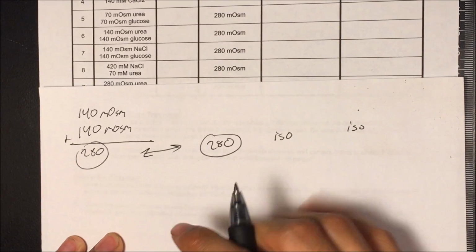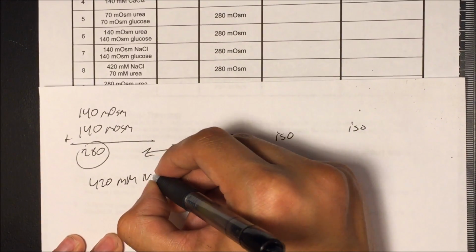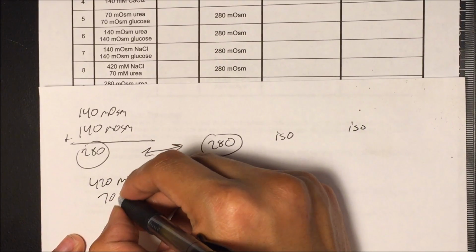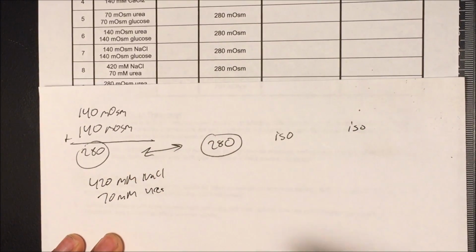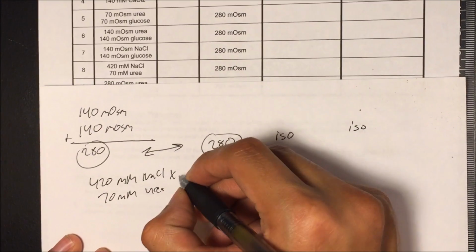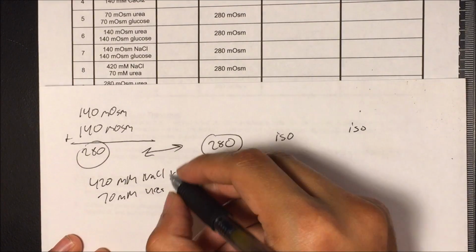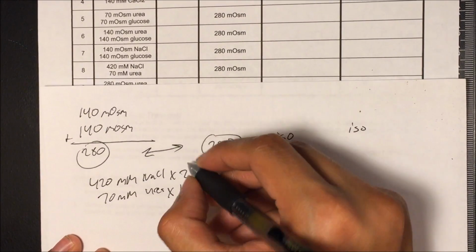Next example, we have 420 millimoles of NaCl and 70 millimoles of urea. Now, since this is not in the correct units, we just take 420 and we times that by 2, since NaCl has 2 dissociable particles, urea has 1.